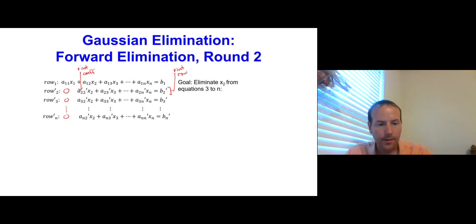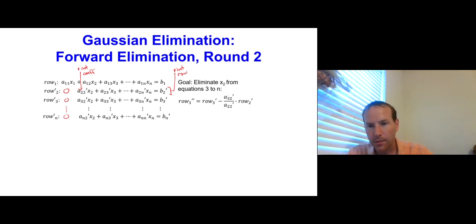Okay, and so then if we write out these equations, we mark a second prime as being the second version of this row. So the first version came from the first round of elimination, and the second is coming from this second round of elimination. And so we're updating here by the previous value of that row minus, and this is our new pivot coefficient, and this is the leading value right here.